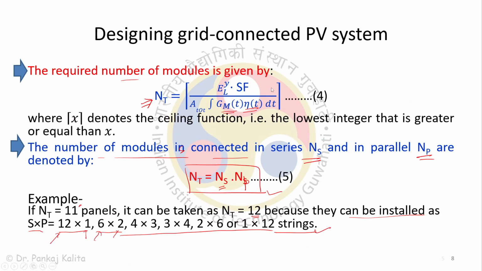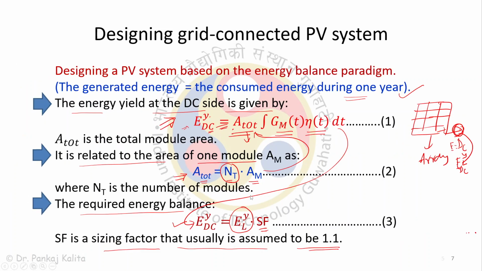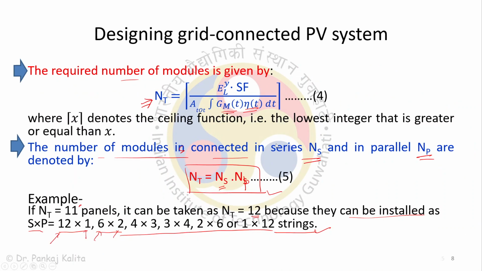So the required number of modules can be calculated when you are doing the energy balance. So yeah, you just equate this with this and replace A_total with N_T into A_M. So just divide this term, so you will get the required number of modules. And yeah, the ceiling symbol denotes the lowest integer that is greater than or equal to x.